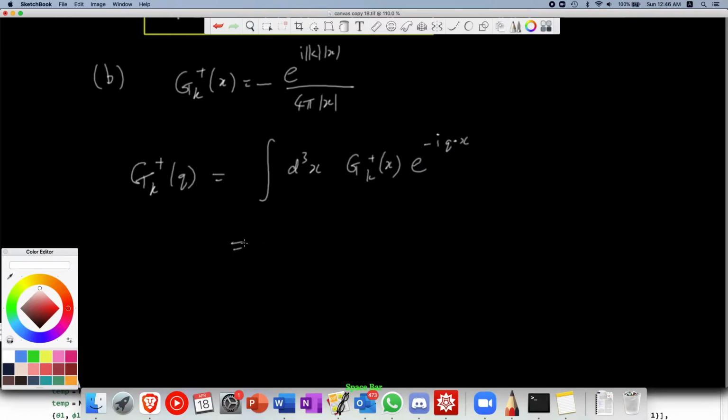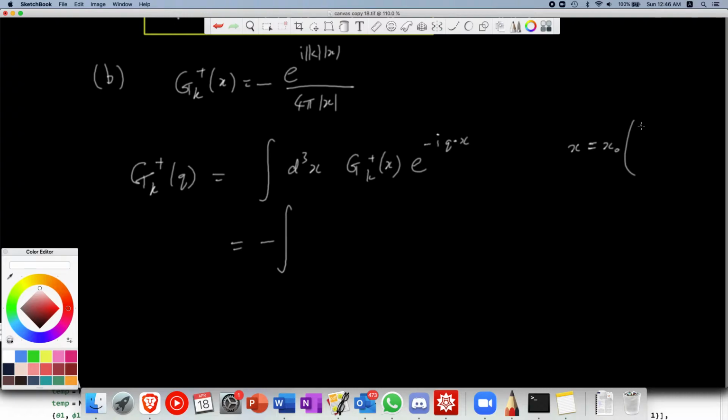Okay, so let's go ahead. So yes, let's do this. First step is to let x equal to... let's turn it into spherical coordinates.